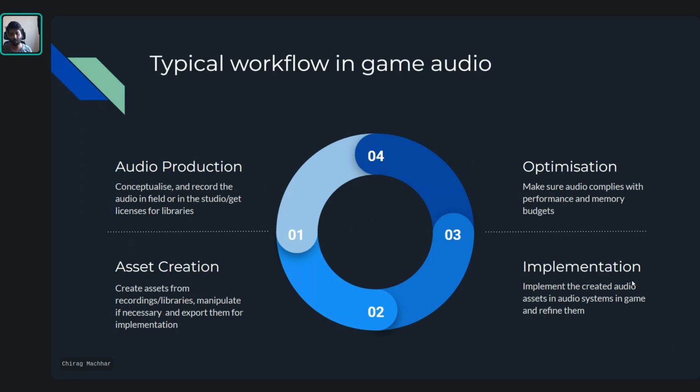Let's say the audio team is allotted 256 MB of RAM that they can use at any point of time, and you need to make sure that the sound banks or whatever audio you're using at any moment of time does not exceed that budget. So optimization is the final step before shipping.